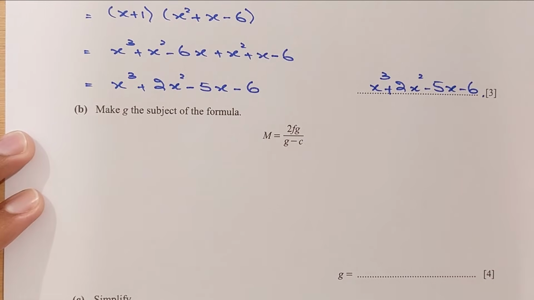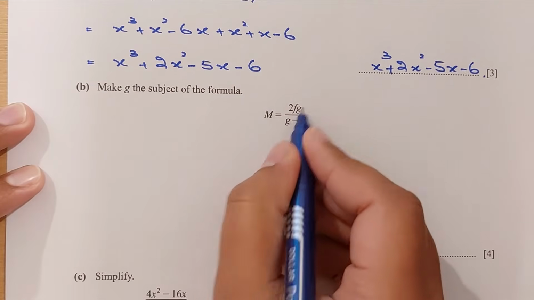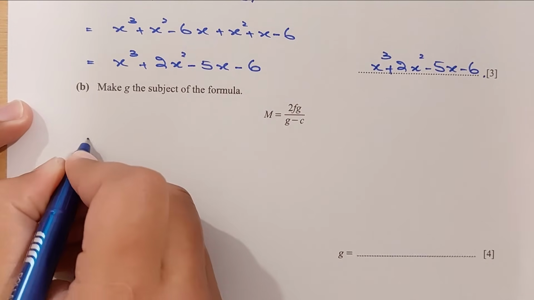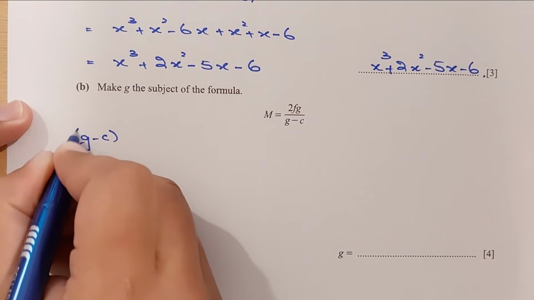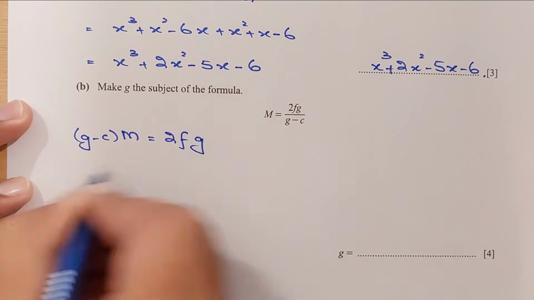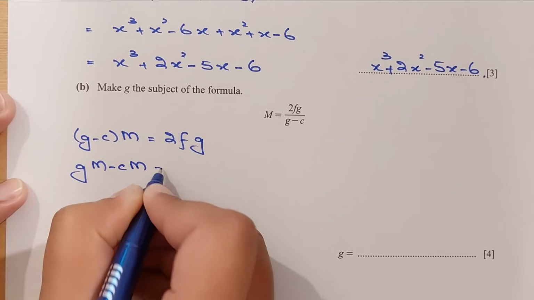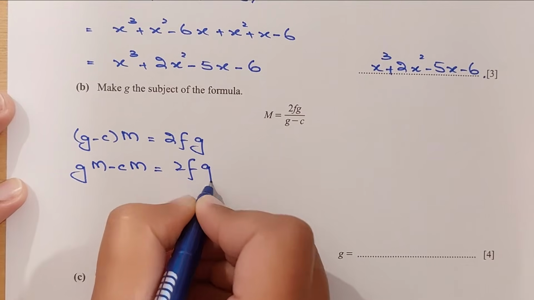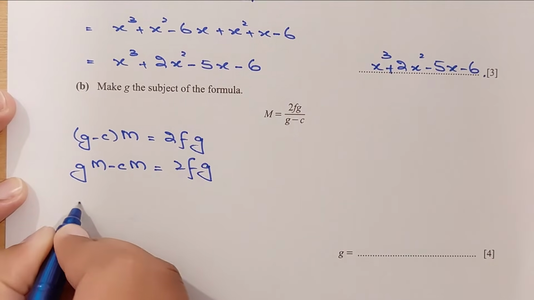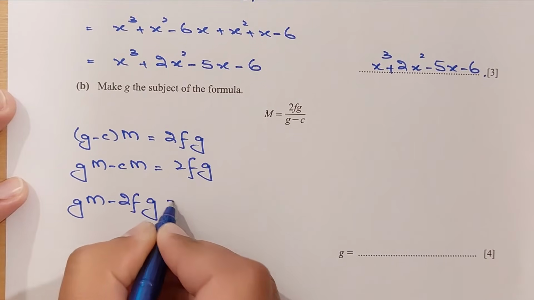Now for part B, make G the subject of the formula. Okay, so G is here. So let's do the cross multiplication. G minus C is multiplying with M. This equals 2FG. So GM minus CM equals 2FG. Now shifting G terms to the left side. GM minus 2FG equals CM.